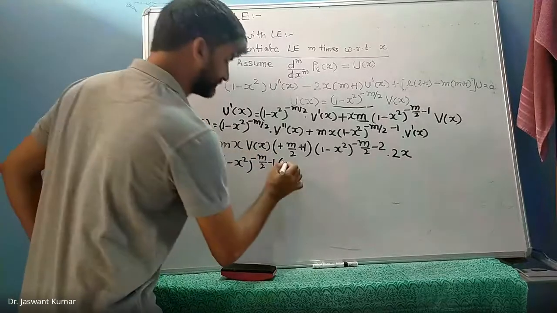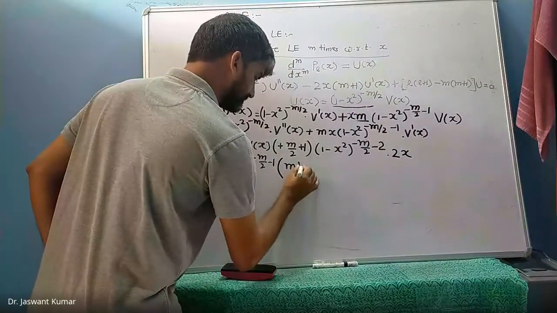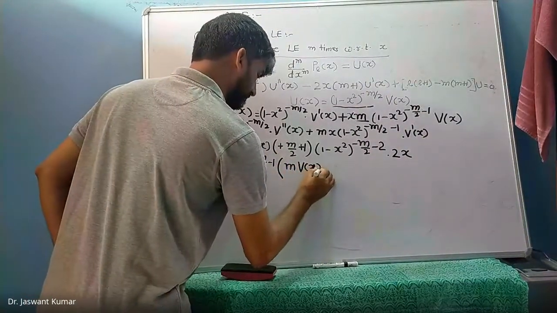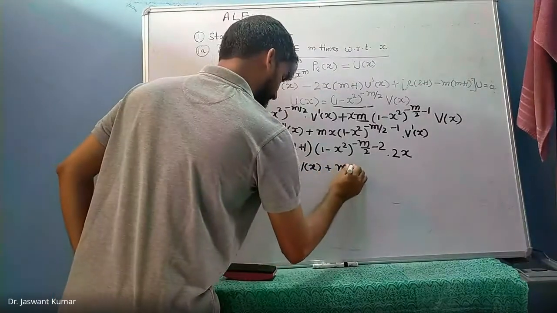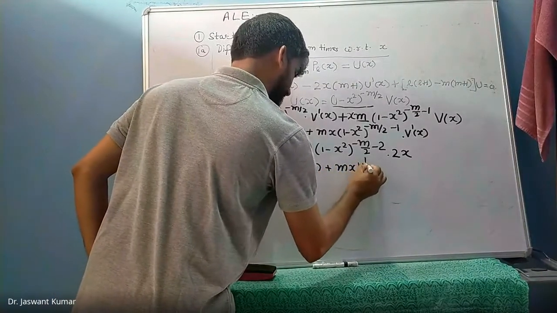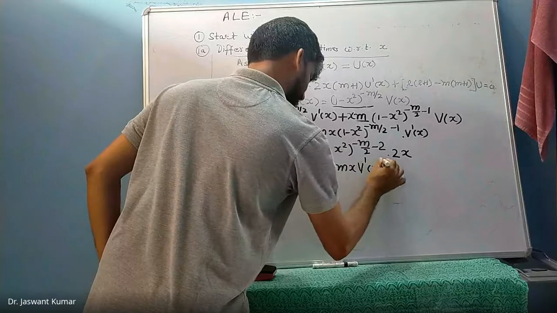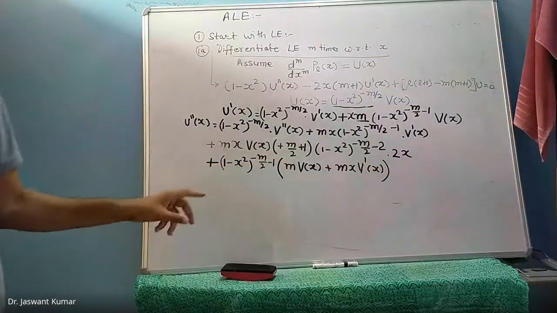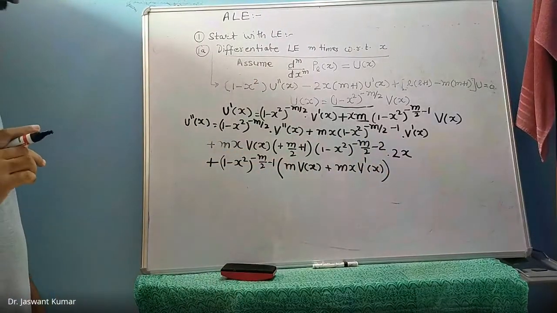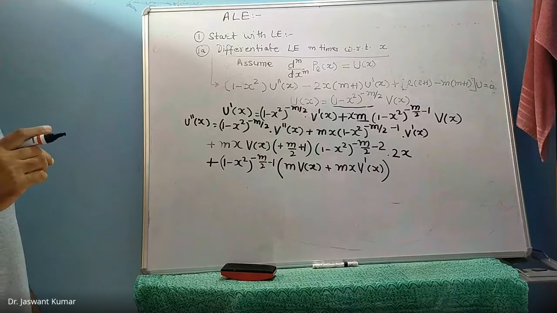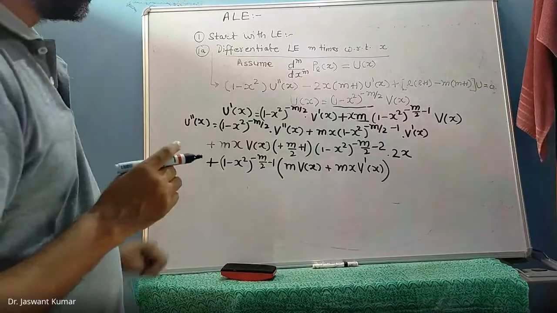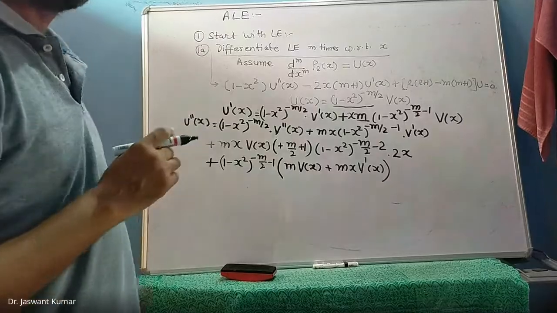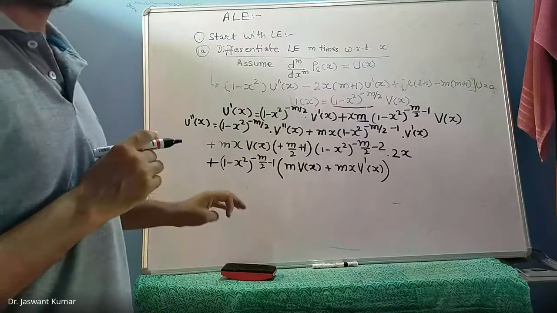Differentiation of mx vx will be m vx plus mx v dash x. Is there any doubt in this? Please tell me. No sir, no doubt. No doubt, right, children?